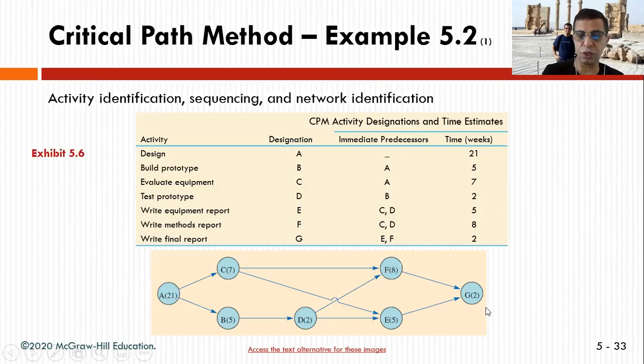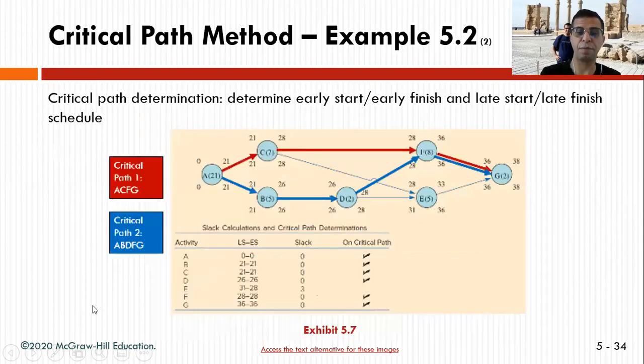To reach G2, it takes 21 plus 7 plus 8, which is 36, plus 2, 37. And then you check this path and add them together and see which one is longer, which you need to look at as the critical path.